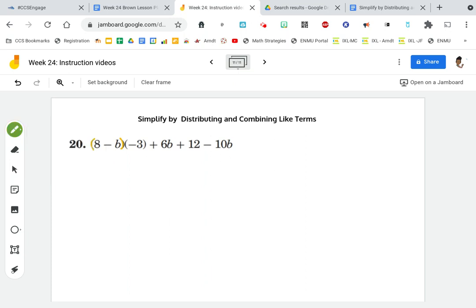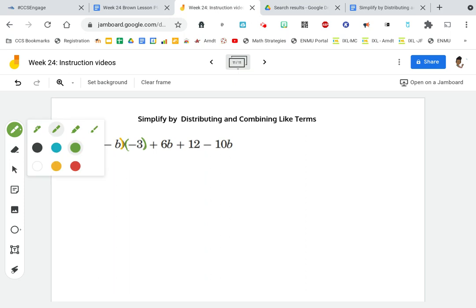The first purpose is to keep that negative with the 3. So we know that's negative 3 and not subtract 3. It's also there to indicate multiplication. Again, so we know that's a negative 3 times the stuff in parentheses and not subtract 3.